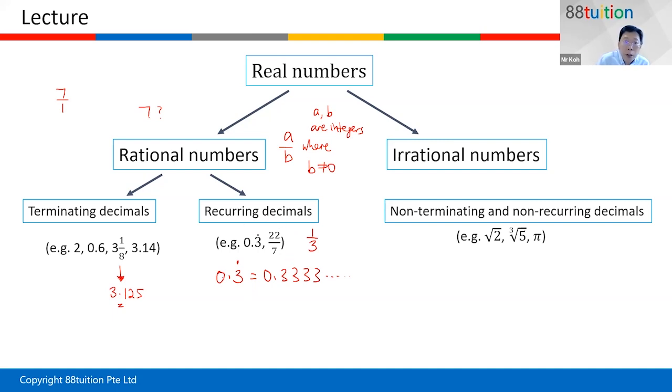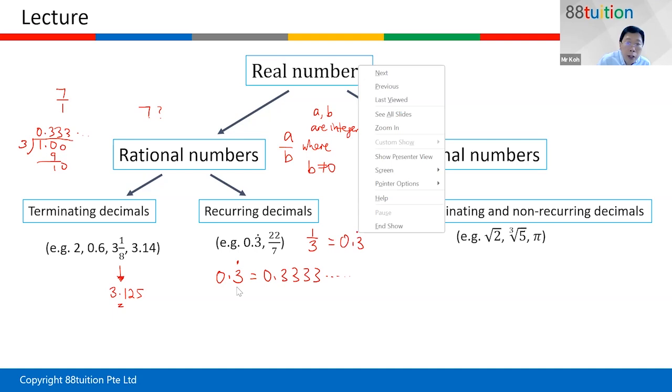If you use a calculator, or just use long division, 1/3 is actually 0.333, so 1/3 is actually 0.3 recurring. Therefore, if 0.3333 and so on is a recurring decimal, then 1/3 is a recurring decimal.